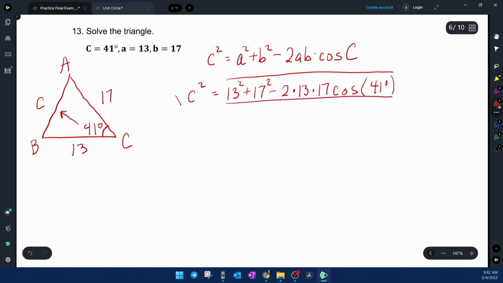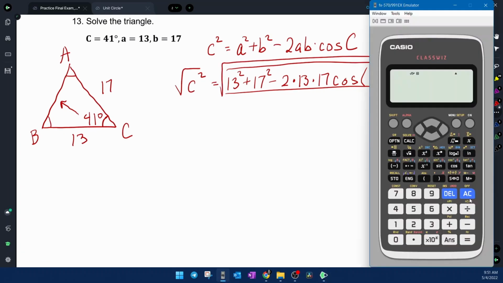And if you wanted to, you could probably even input that with the square root. All right, so inputting this all into the ClassWiz, including the square roots, we have square root of 13 squared plus 17 squared minus 2 times 13 times 17 times cosine of 41 degrees.